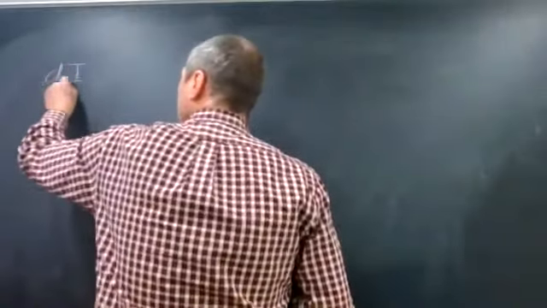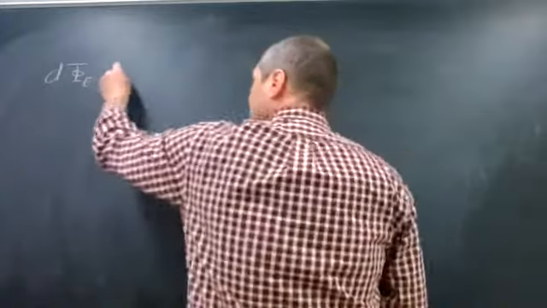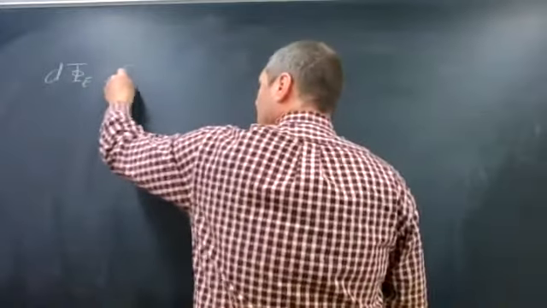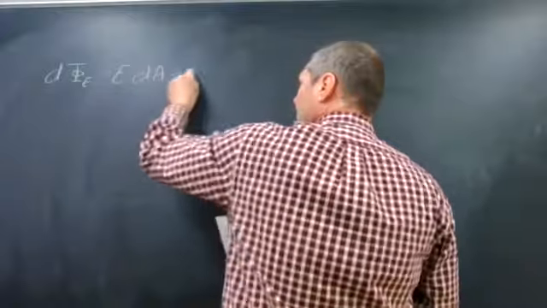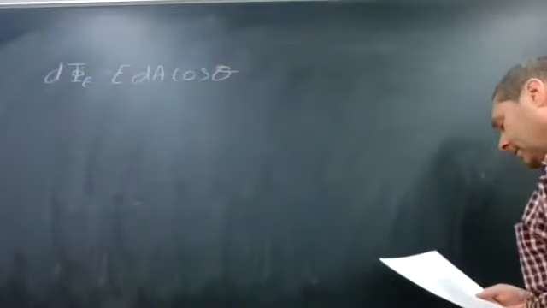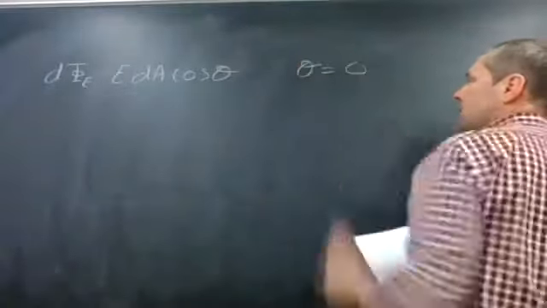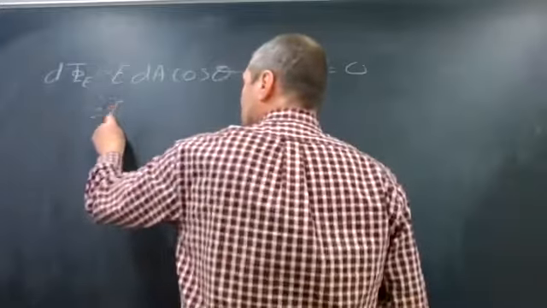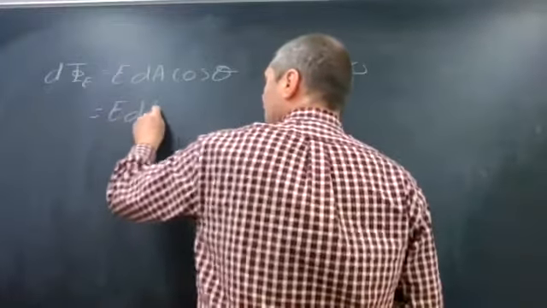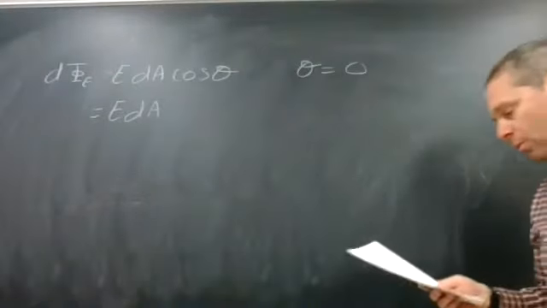Now, look at the derivative of the electric flux. That is going to be equal to E dA cosine theta. Now, if my theta is equal to 0, then this becomes E dA, because cosine of 0 is 1.